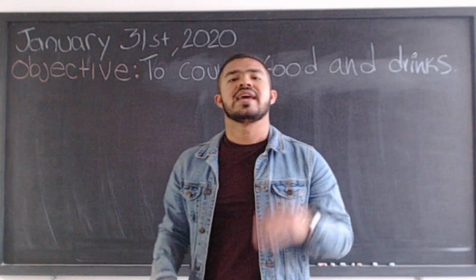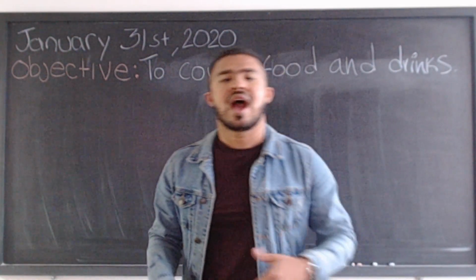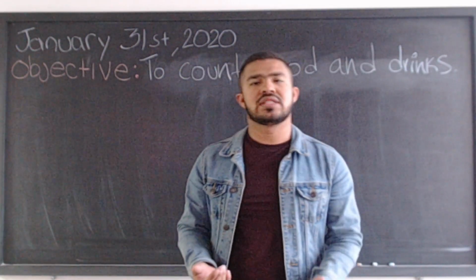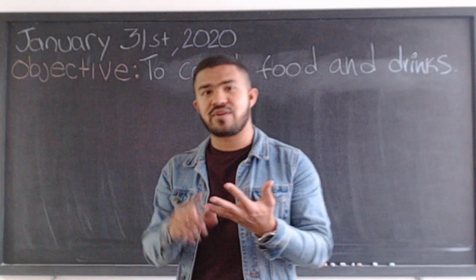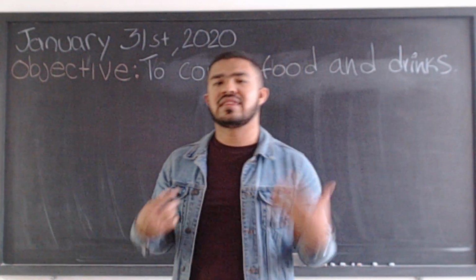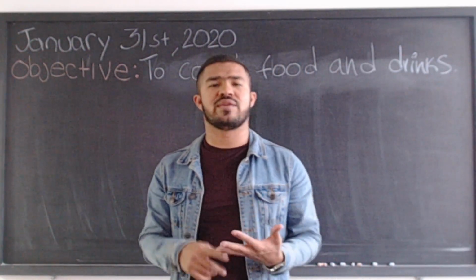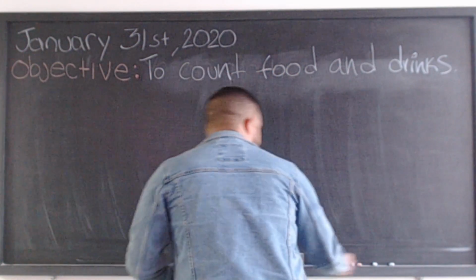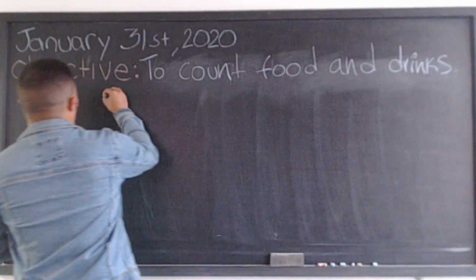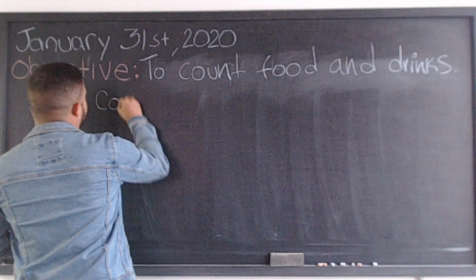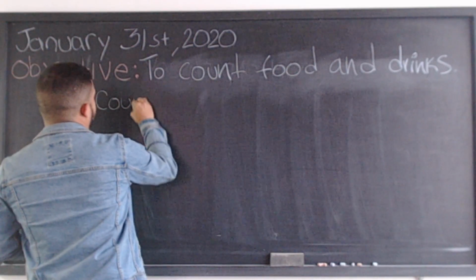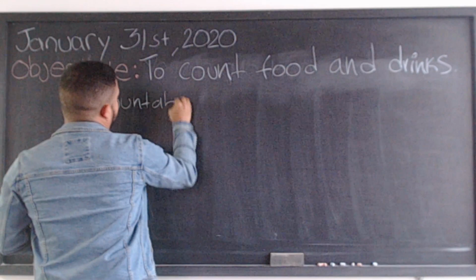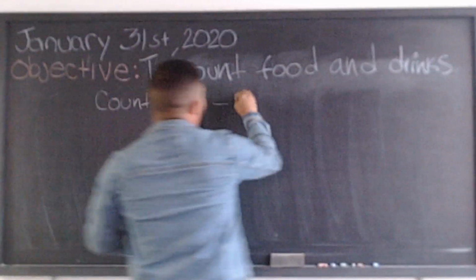It means that we're going to learn which nouns we can count with our fingers sometimes and which things we can't count with our fingers, just to say it somehow. So let's do it. We have countable and uncountable nouns.